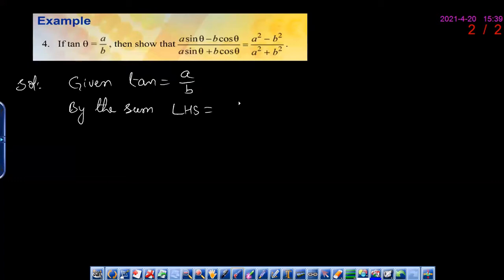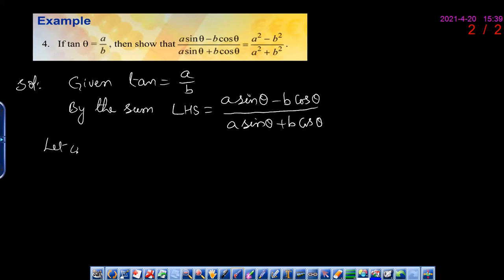LHS is equal to A into sine theta minus B into cos theta divided by A into sine theta plus B into cos theta. Now let us divide numerator and denominator with cos theta. So what you'll get when you divide?